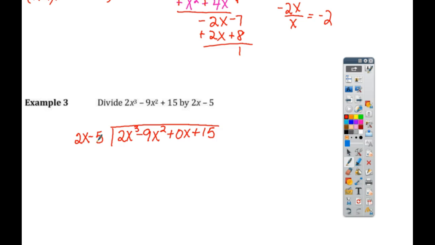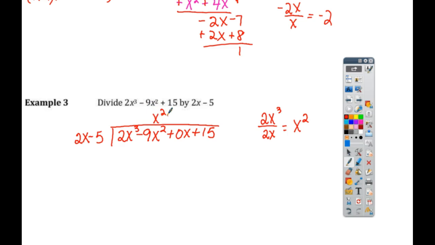So I'm going to start with the first term divided by the first term. So I'm going to have 2x to the third divided by 2x. And what is that? X squared. So where does that go? Above the 9x squared. So I'm going to put x squared.